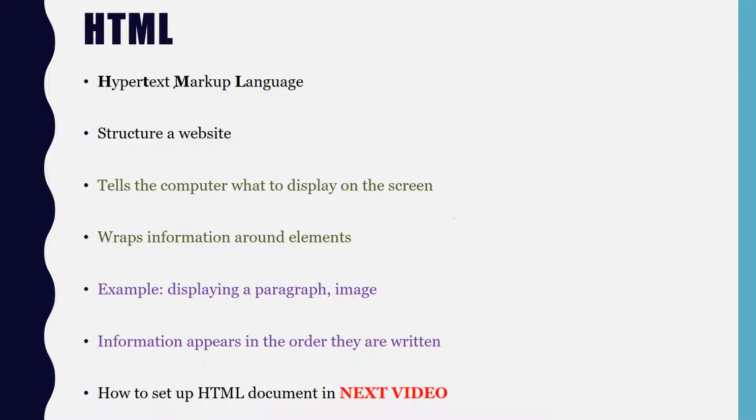So if you want to display a paragraph, you wrap that paragraph in a paragraph element. So for example, the paragraph element is this. Let's say paragraph here. And this is the closing tag.